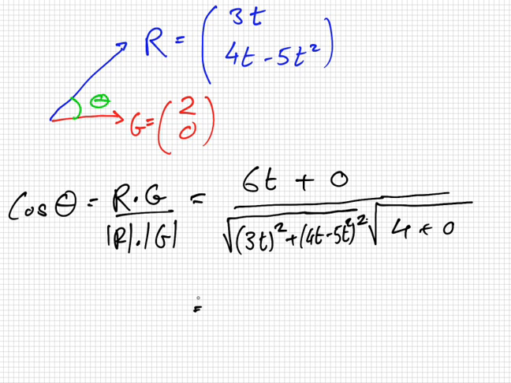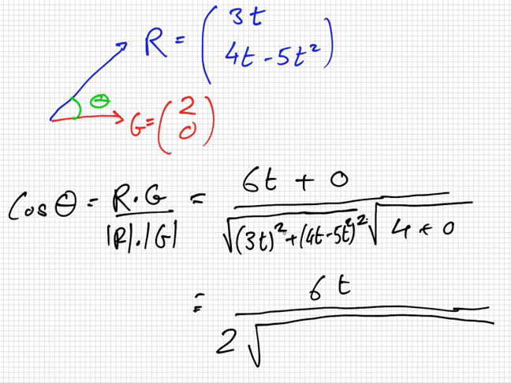So that would be 6t, and the square root of 4 is just 2, so that's handy. Now, I need to square out this.